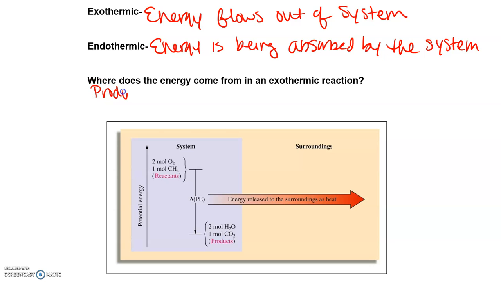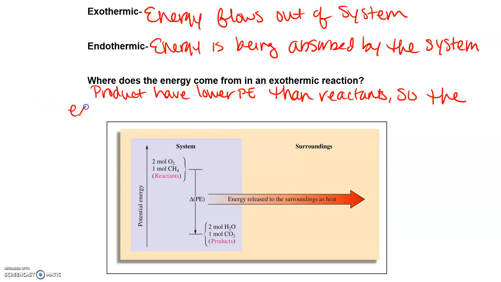So in an exothermic reaction, products have a lower amount of potential energy than the reactants do. And so the extra energy that isn't needed is what exits the system.